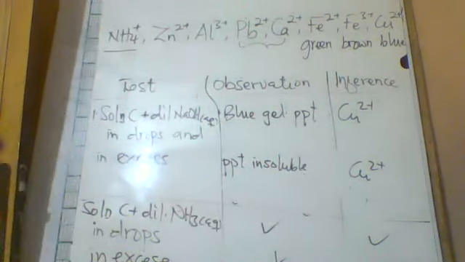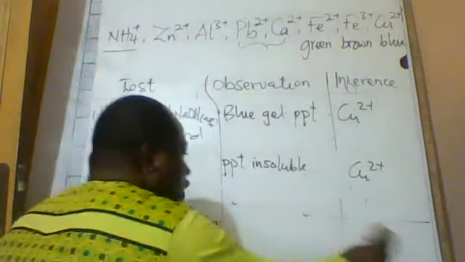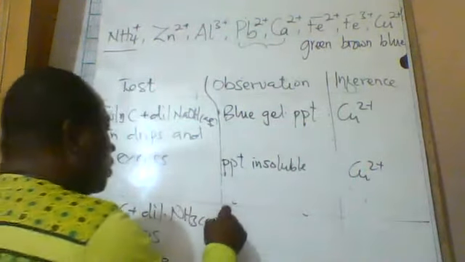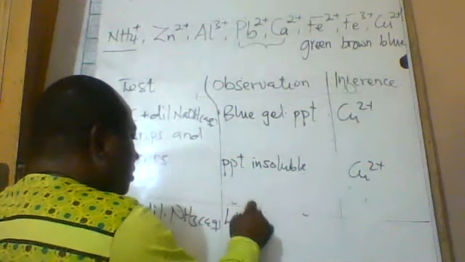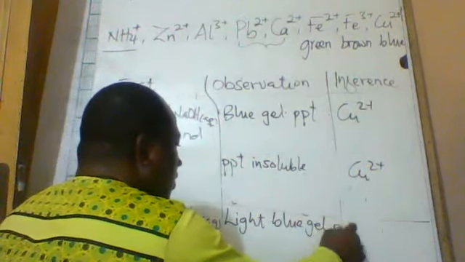So for the copper, in drops, when you use ammonia, it will give you light blue gelatinous PPT.